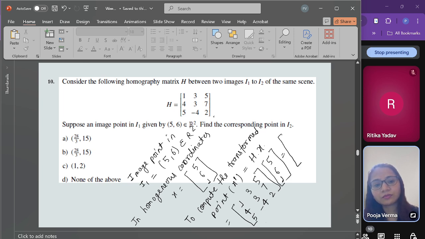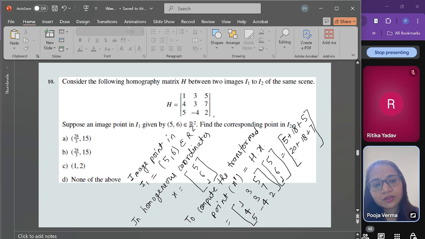So can you calculate it and let me know the value of this matrix by multiplying? First row by this column, then the next row by this column. So 1 into 5, 5, plus 3 into 6, 18, plus 5 into 1, 5 again, right? So 4 into 5, 20, plus 3 into 6, 18, plus 7.